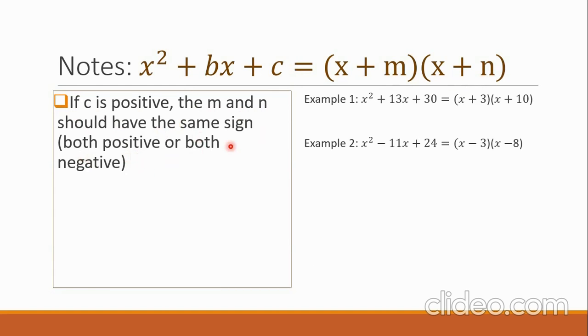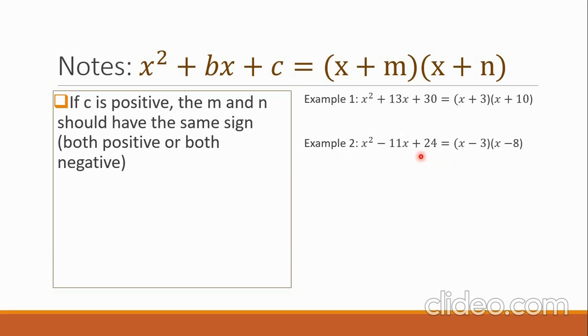Look at our previous examples 1 and 2. In example 1, the constant is 30 and positive. So look at our factors here. The 3 and 10 are both positive. Also, the sign of b will tell us that the signs of m and n should be both positive.